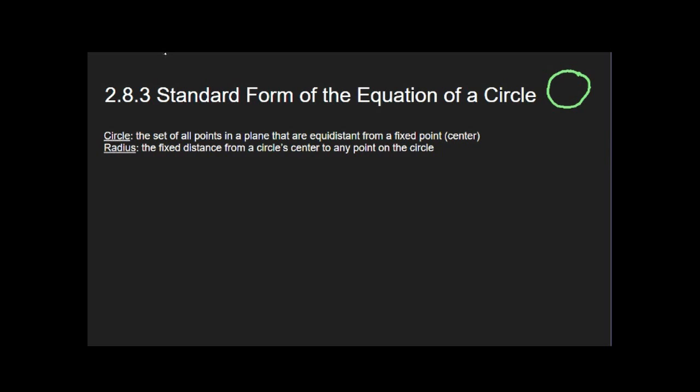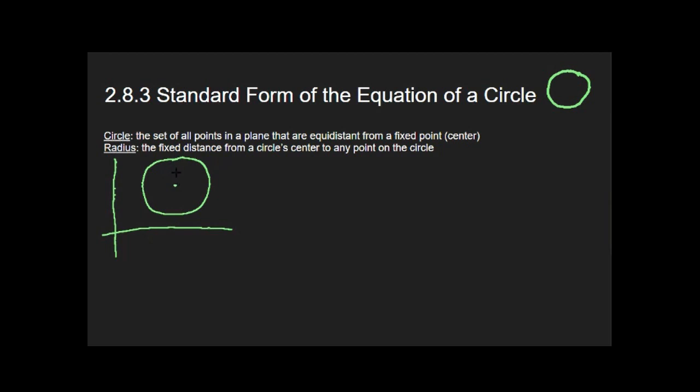So if we were to sketch this out, we could put it in an x, y coordinate plane. I'm going to just very roughly sketch that out. So we've got a circle in our plane, and somewhere approximately there we have the center.